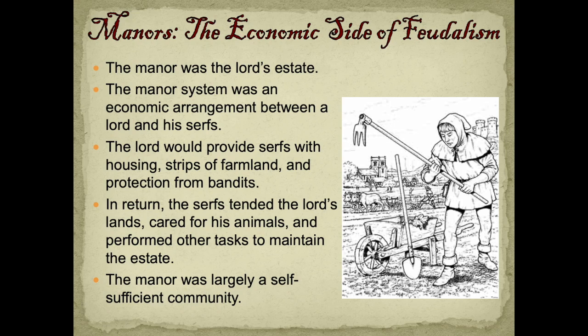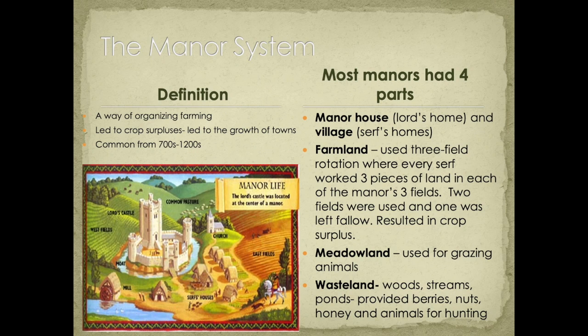The manor was largely a self-sufficient community. I'm going to show you a picture of what a manor would look like. So you have the lord's castle, and say they were being attacked by an invading force.